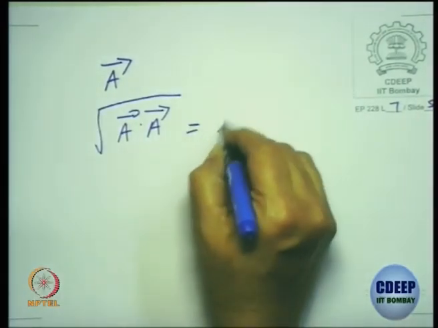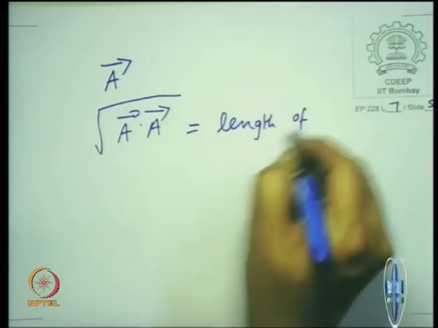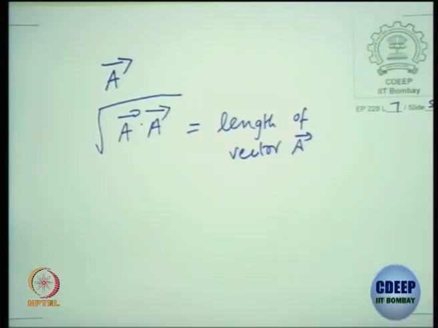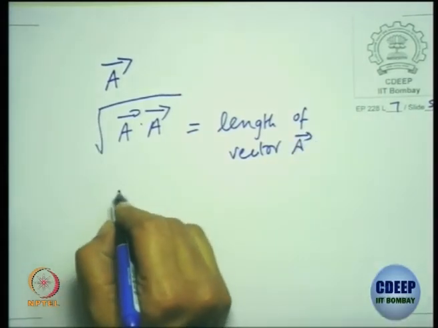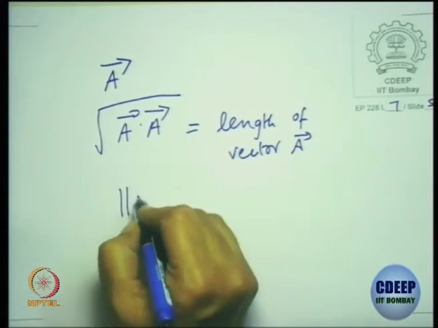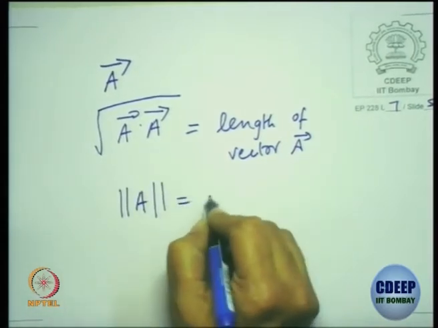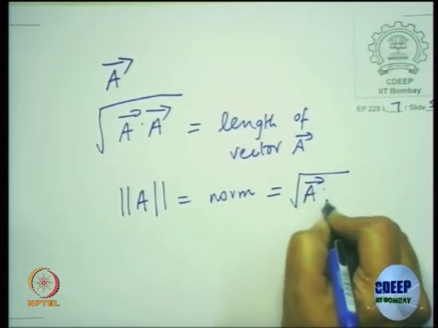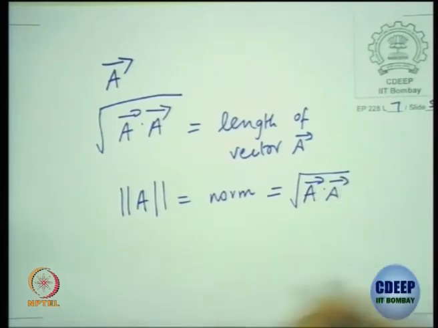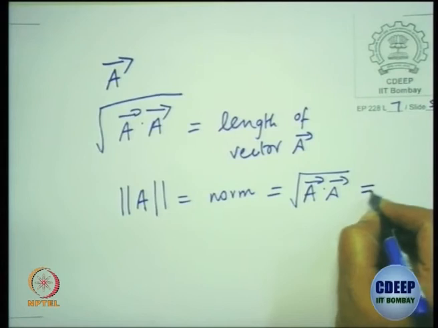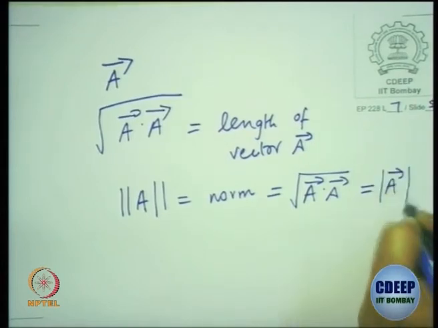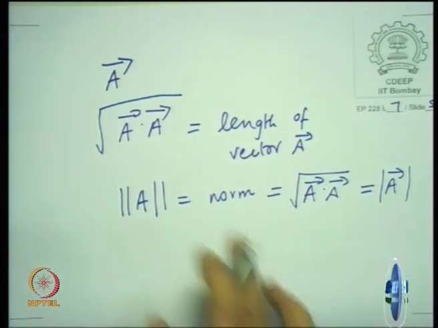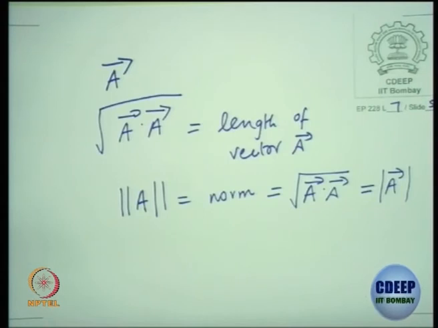This is what you will say is the length of vector A, which is formally sometimes written as the norm. This is what we call the norm, which is nothing but the square root of A dot A. Sometimes people also write in vector calculus the magnitude of the vector A. Is that right? But in this process I have brought in some concept here.